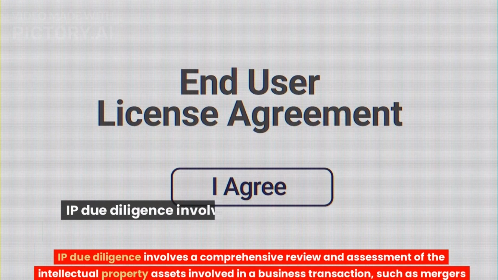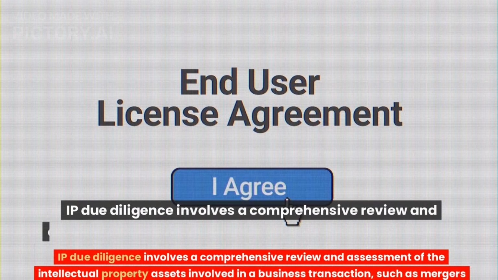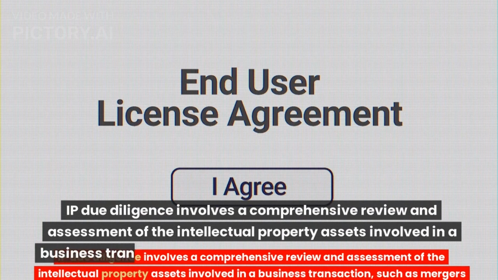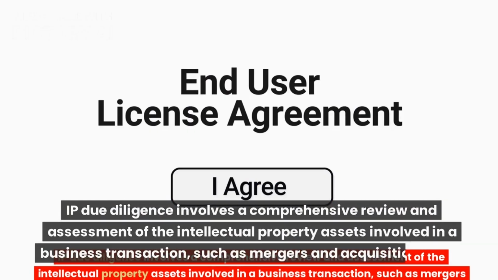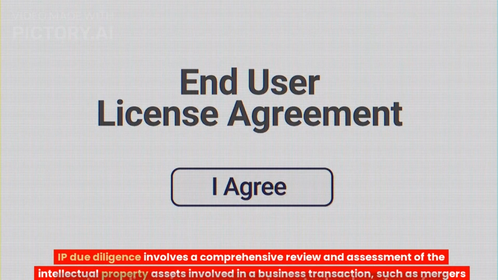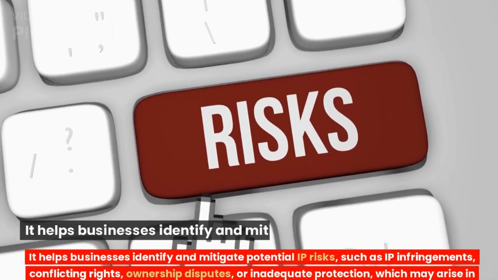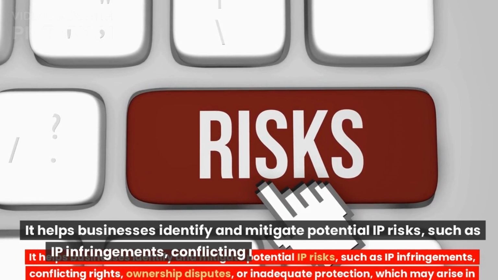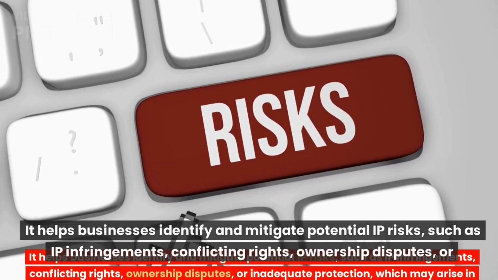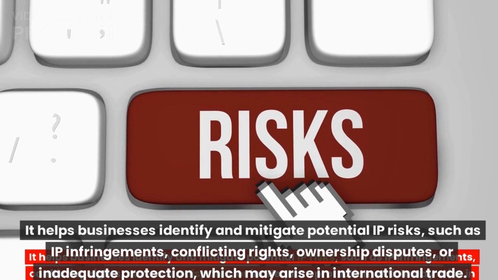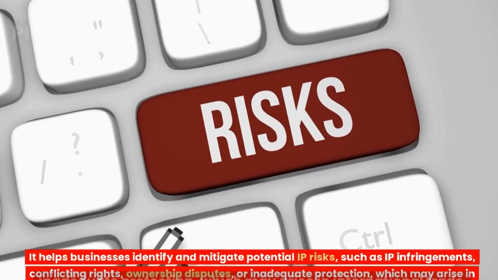IP due diligence involves a comprehensive review and assessment of the intellectual property assets involved in a business transaction, such as mergers and acquisitions, joint ventures, licensing agreements, or technology transfer. It helps businesses identify and mitigate potential IP risks, such as IP infringements, conflicting rights, ownership disputes, or inadequate protection, which may arise in international trade.